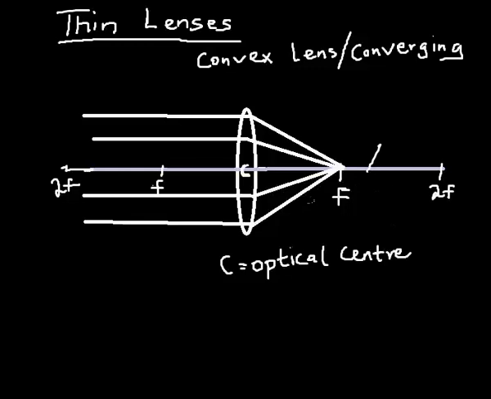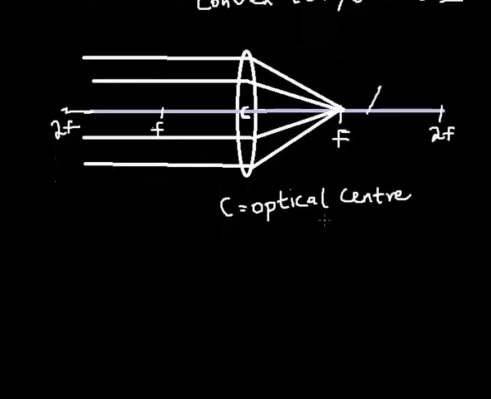So that simply means that a lens will also form images the same way a curved mirror does. At different points where I place the object in front of the lens, the image will have different characteristics.